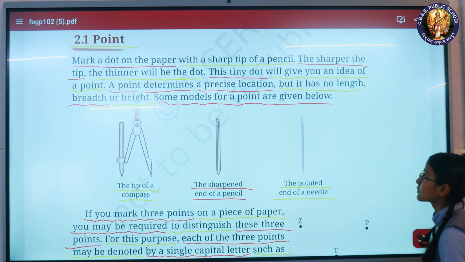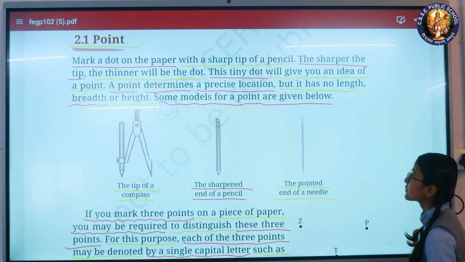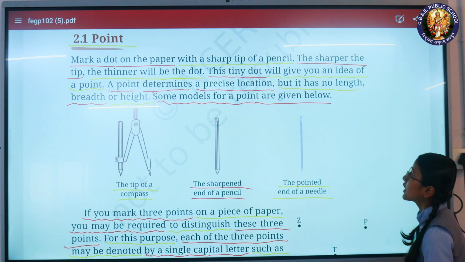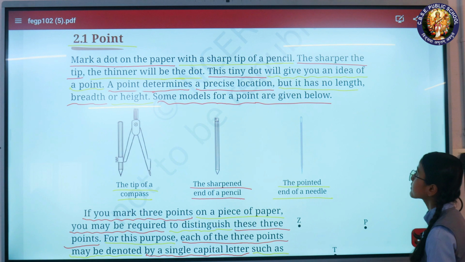2.1 Point. Mark a dot on the paper with a sharp tip of a pencil. The sharper the tip, the thinner will be the dot.